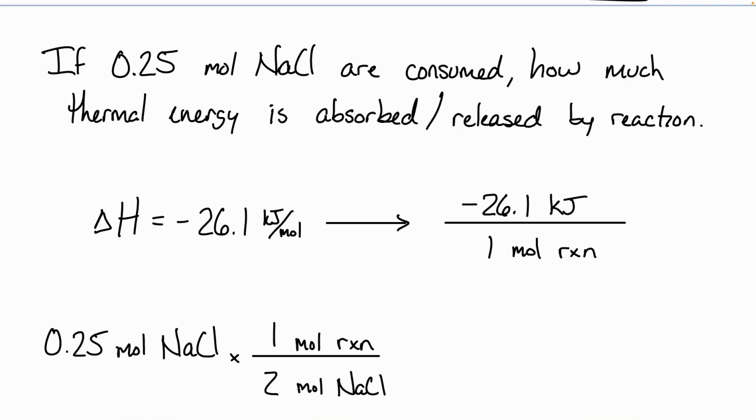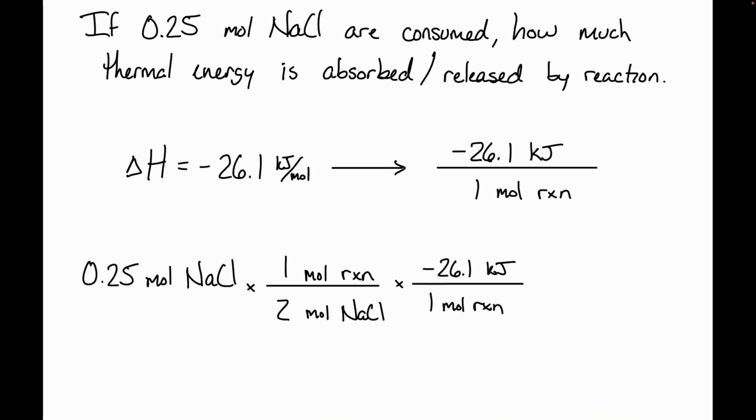If we stopped here, we'd have how many moles of reaction are occurring. But now we're going to do one more step where we use that enthalpy information. This allows us to convert from moles of reaction into kilojoules of energy.